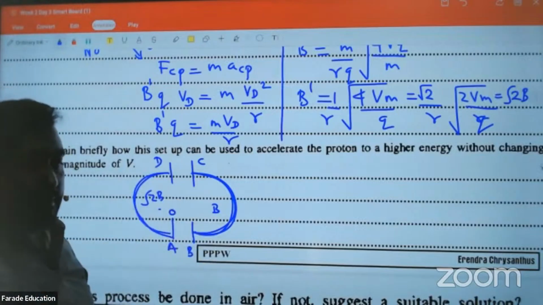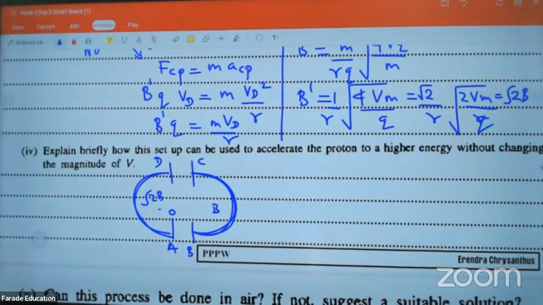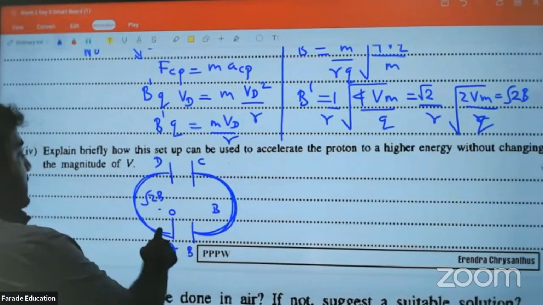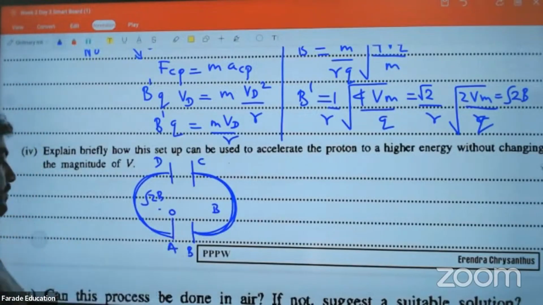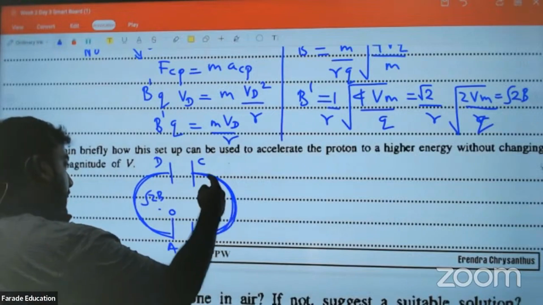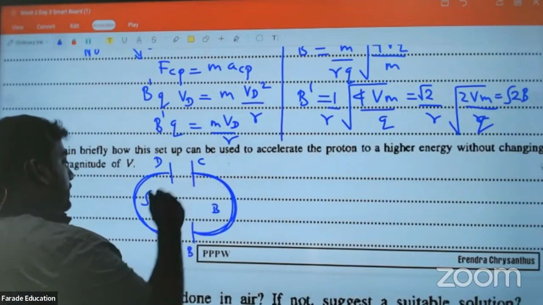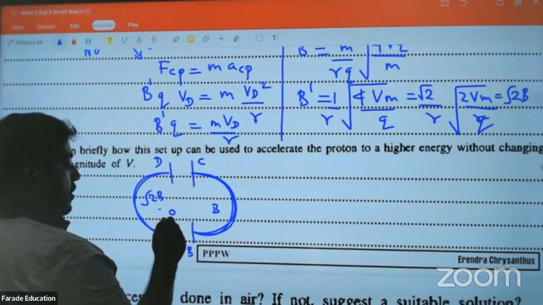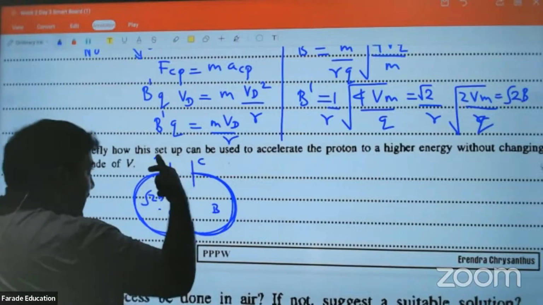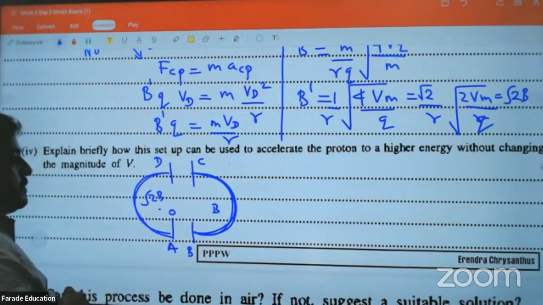Every half cycle, the charge is accelerated through the plate, and it travels in a circular path. And again, the velocity is increased.